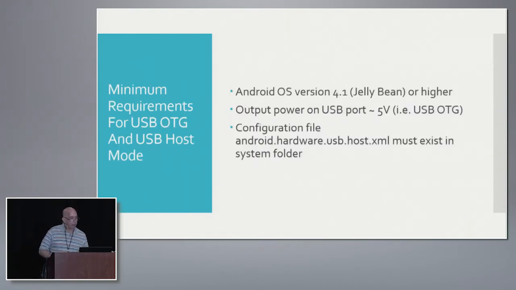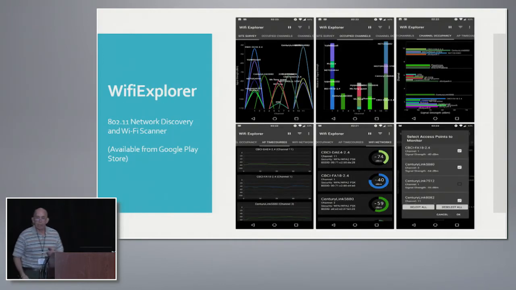And these are just the minimum requirements for OTG to work. And like I said, over 90% of Android devices are running OS version 4.1. And I guess I sort of wanted to finish.